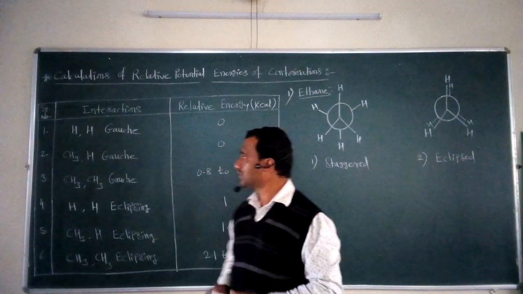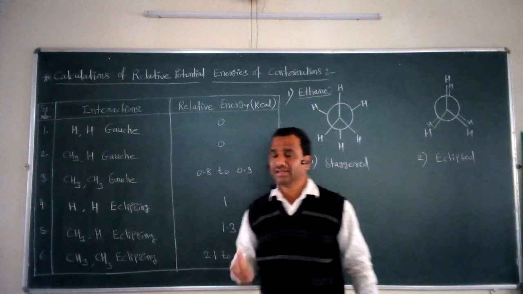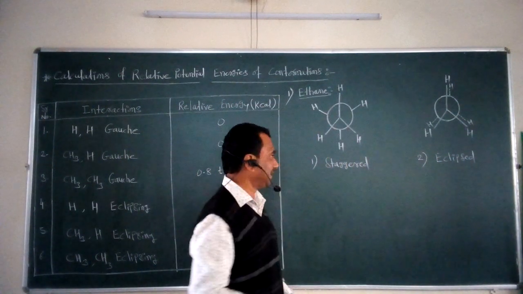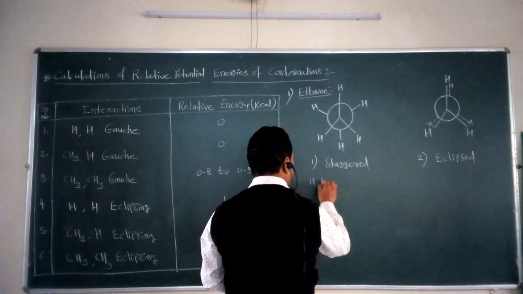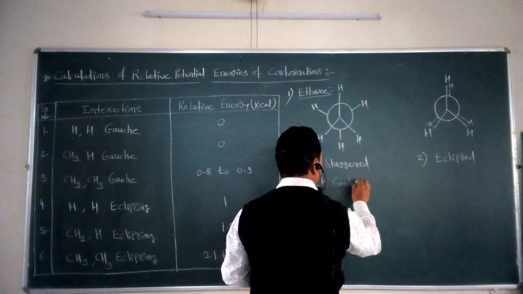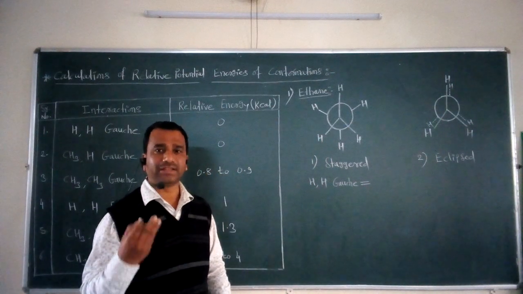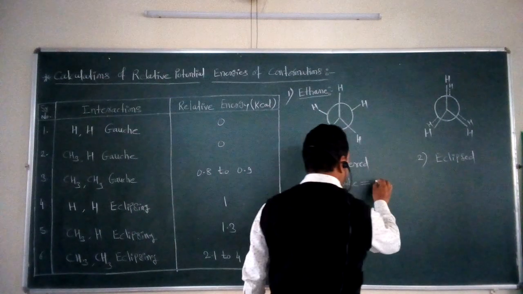If we look at this tabular data, if a hydrogen gauche interaction is there, the relative energy is taken as 0. So the magnitude for hydrogen gauche interaction is equal to 0.